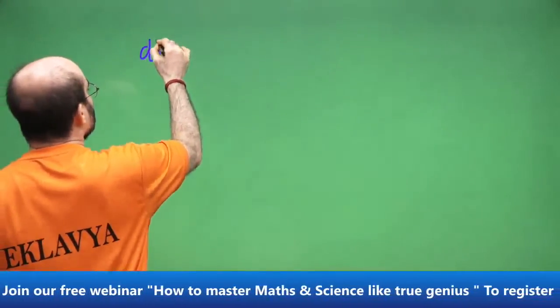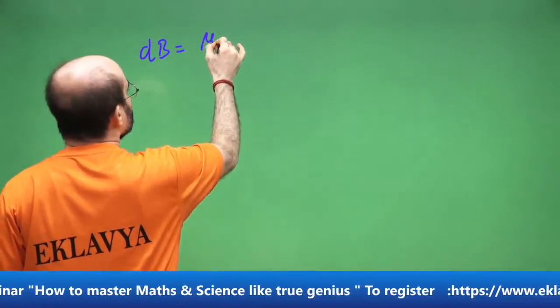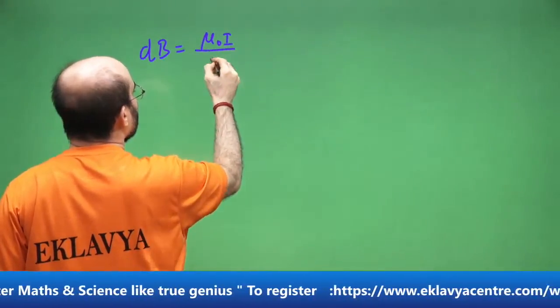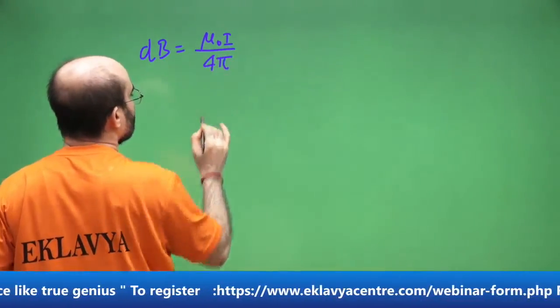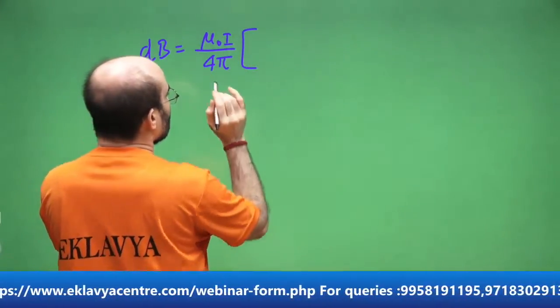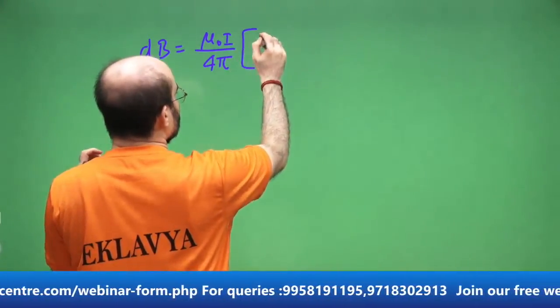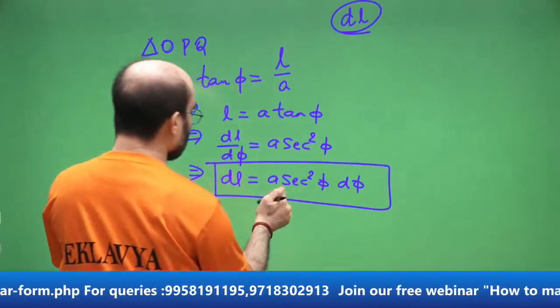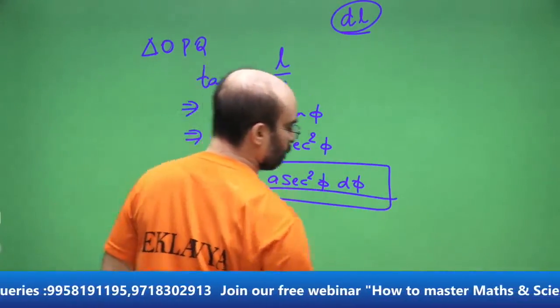So dB will be mu naught I by 4 pi. Now for dl sine theta, what is dl? dl is a sec square phi d phi.